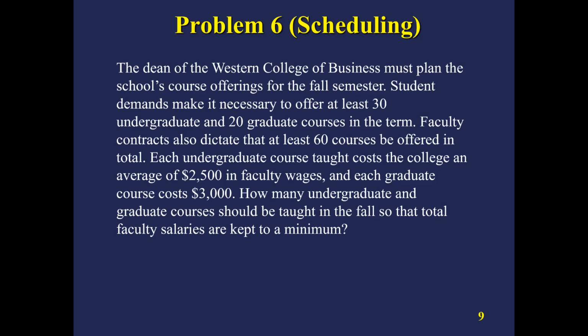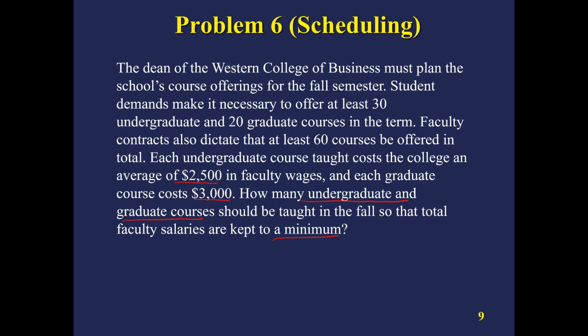Let's identify the decision variables. It says how many undergraduate and graduate courses. So these are our decision variables, and we are going to minimize the cost. And also the cost is given. Each course costs 2,500 for undergraduate and 3,000 for graduate. So the objective function is not difficult to write.